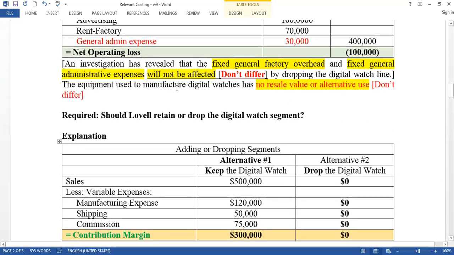The equipment used manufacturing digital product has no resale value or no alternative use. You drop the product line, for example. What will you do with your machine? Can you sell it and get some money? No. Can you use it for another product? No, right? So it means that this cost does not have any difference whether you keep it or drop it. It already happened previously.